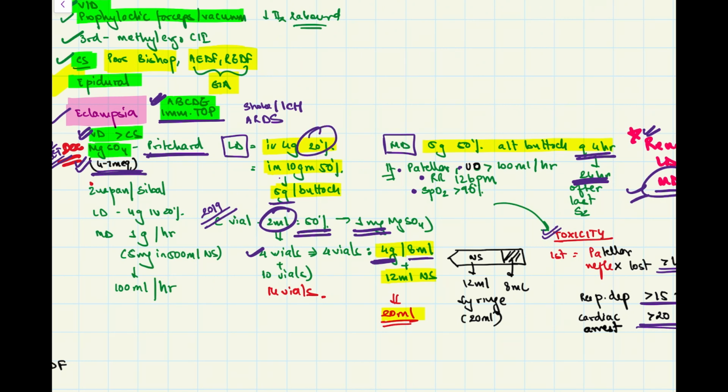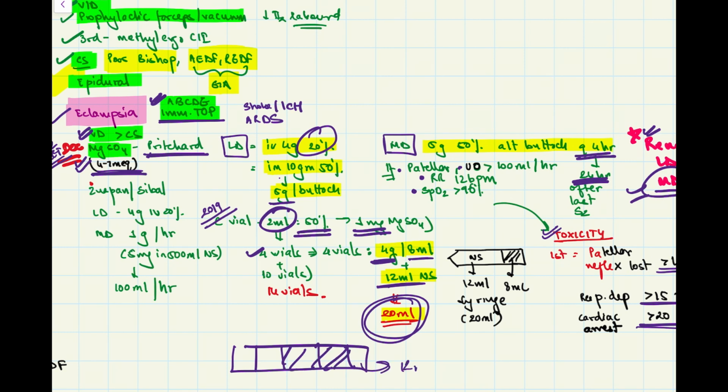So what we do, we dilute it by adding 12 ml NS. Therefore, in a 20 ml syringe, right, we will take 12 ml of NS and 8 ml of magnesium sulfate. 8 ml means 4 vials. Then 10 vials are used for the IM dose. So total 14 vials are used for the loading dose, right?